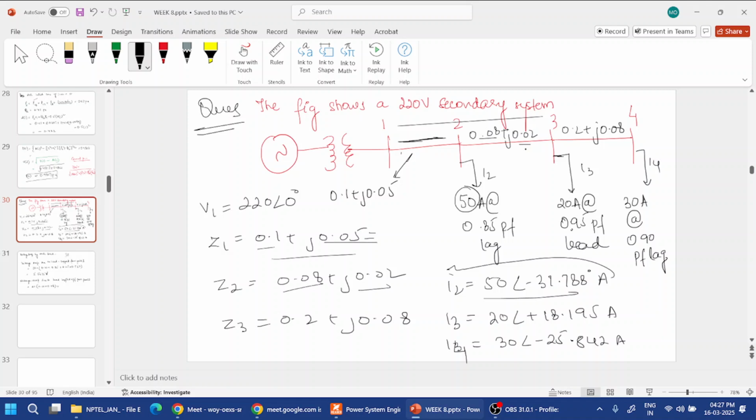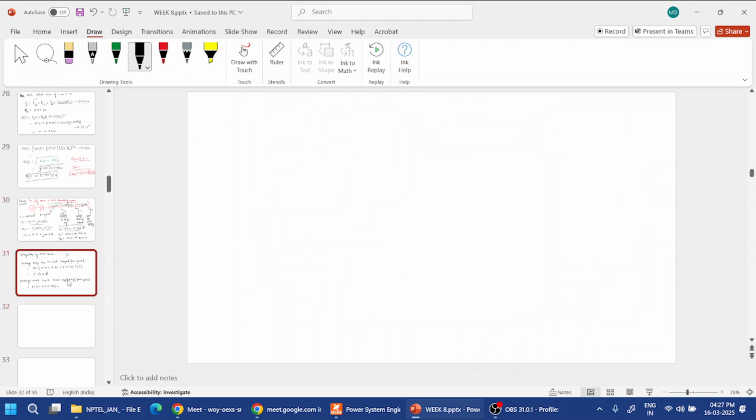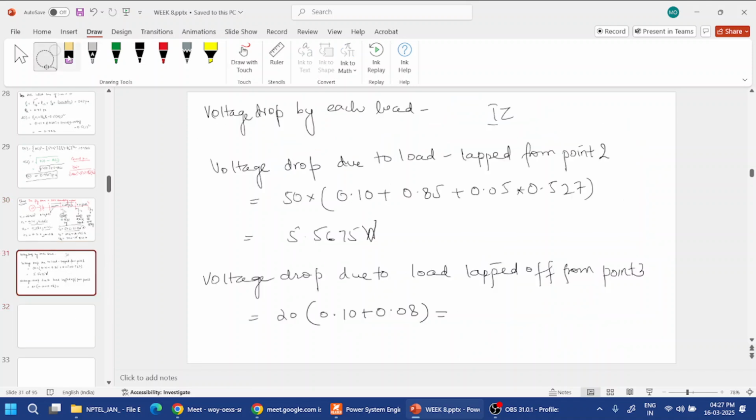Then the whole Z becomes Z1 plus Z2. Then it is multiplied by 0.95 minus 0.02 plus 0.05 multiplied by 0.3122. It's simple. It will come out to be 2.9833 V.